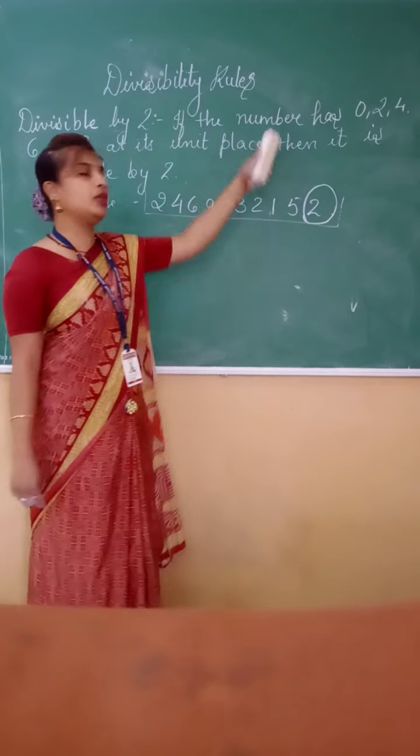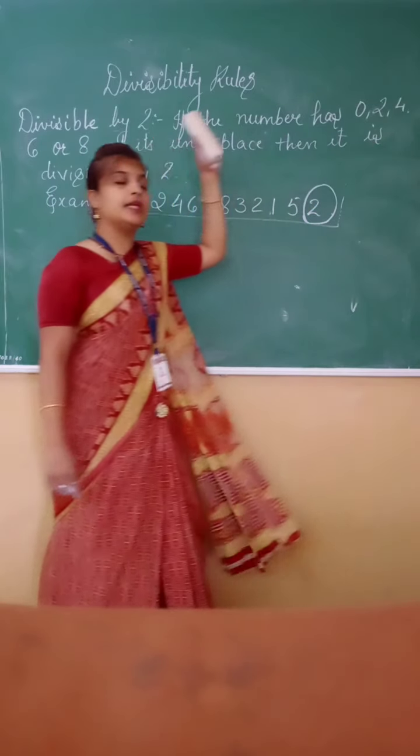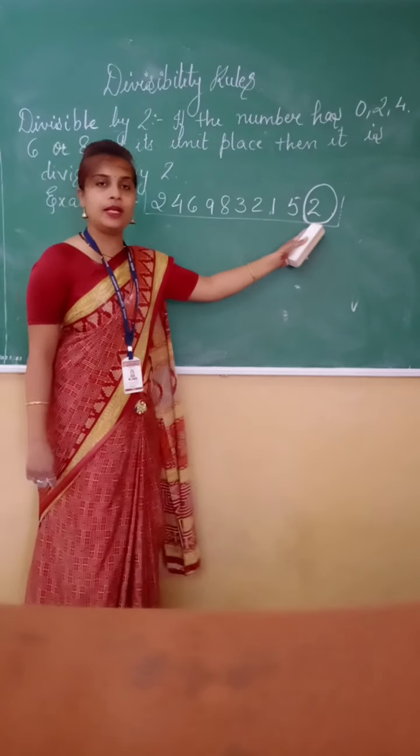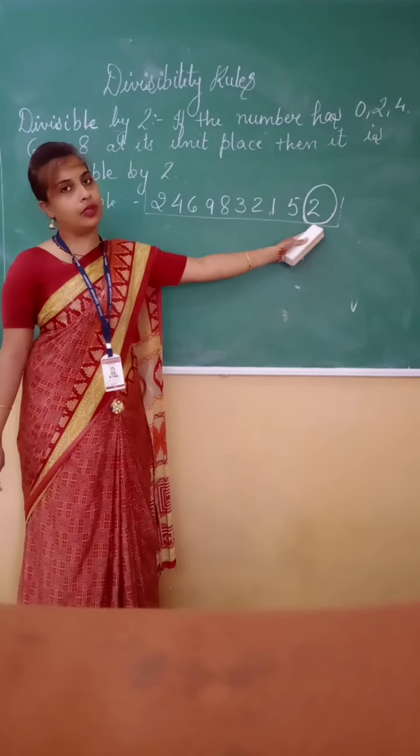So by the rule, if 2 is at the unit place of the given number, then the whole number is divisible by 2. So we can say that 2 is a factor of this whole number. Instead of 2, if it had 0, then also it is divisible. But if it had something like 7, then the number will not be divisible by 2.